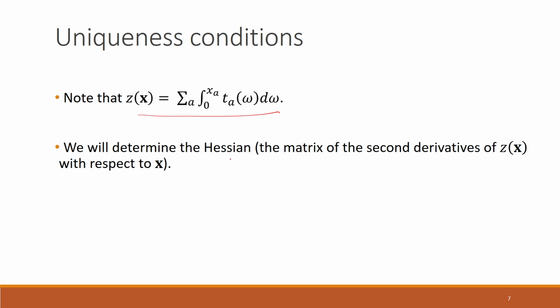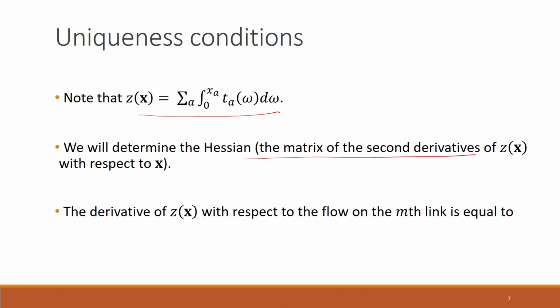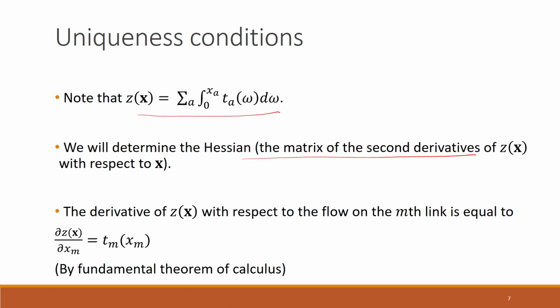So, this Hessian matrix is the matrix of the second derivatives of this function z(x) with respect to x. So, the derivative of this z(x) with respect to the flow on the mth link is then given by this.